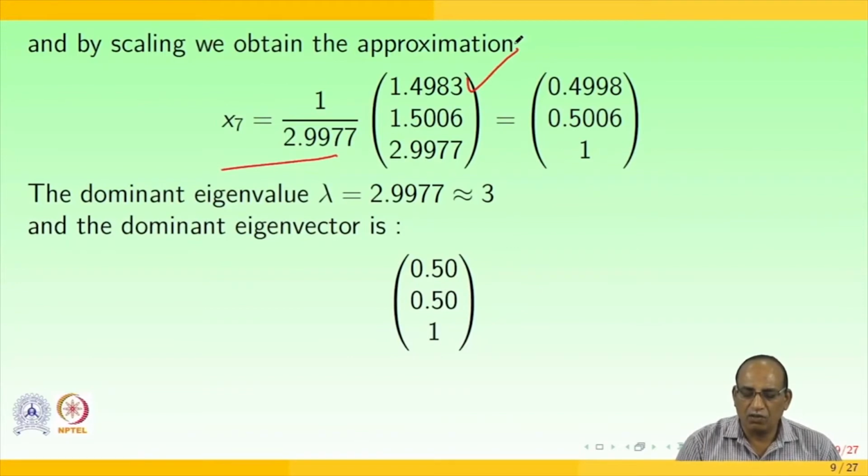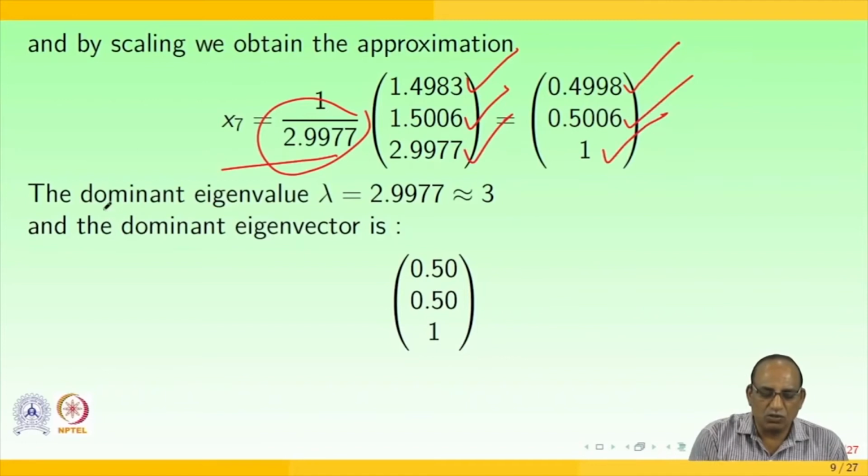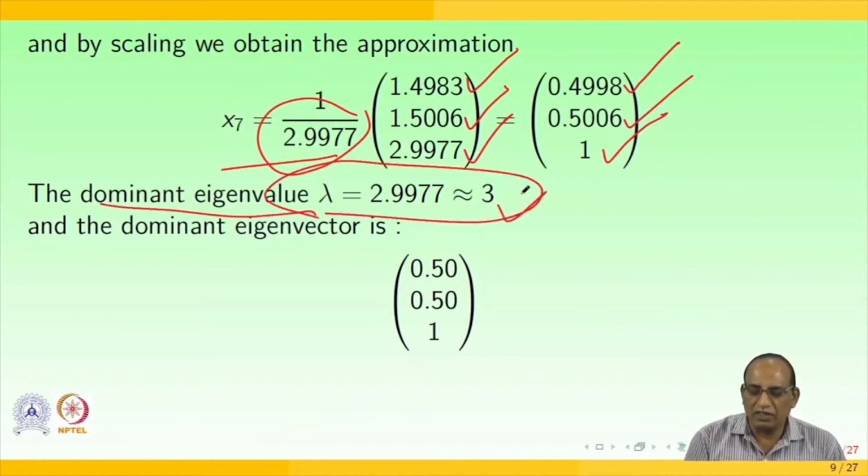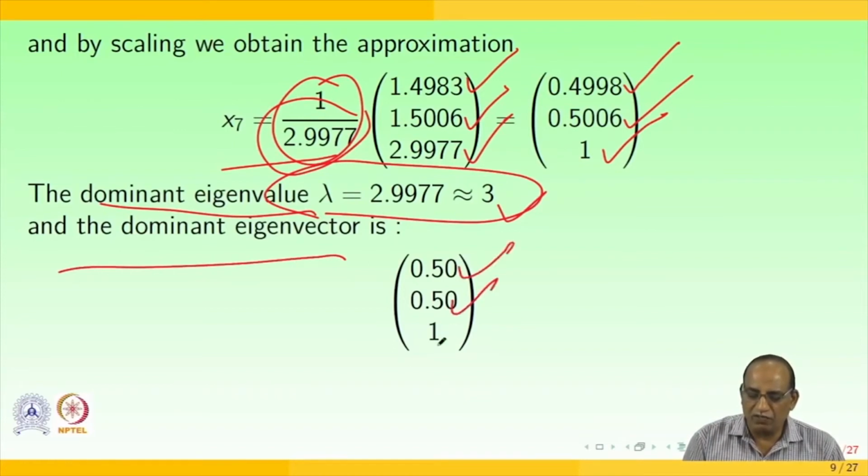When you divide 1.4983, 1.5006, 2.9977 by 2.9977, it turns out to be 0.4998, 0.5006, and 1. So the dominant eigenvalue lambda is equal to 3, that is the factor which you get. And the dominant eigenvector is 0.4998, which is close to 0.5, 0.501.